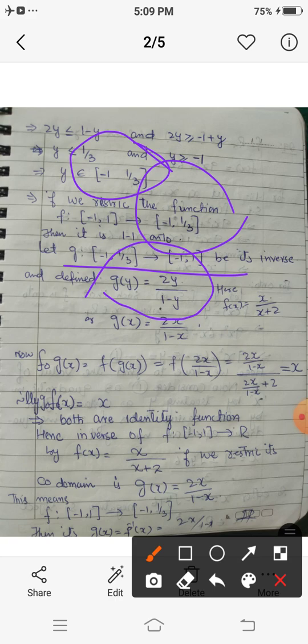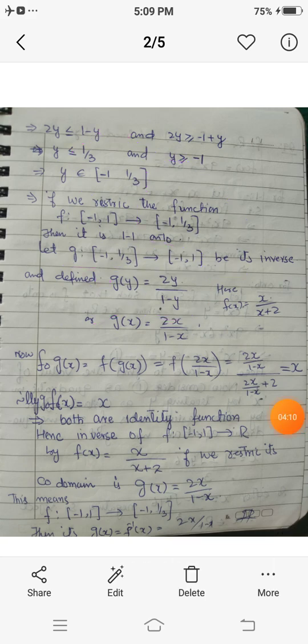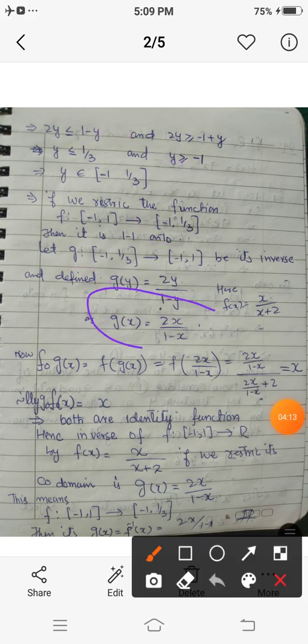Image elements of f are usually denoted by y, that is why we write g(y) = 2y/(1-y). Here y is a variable, we can replace it with any other variable, like g(x) = 2x/(1-x). So this is how we define this function.